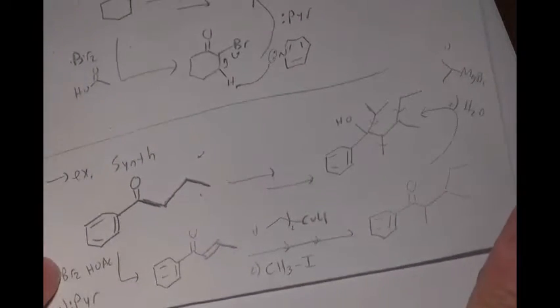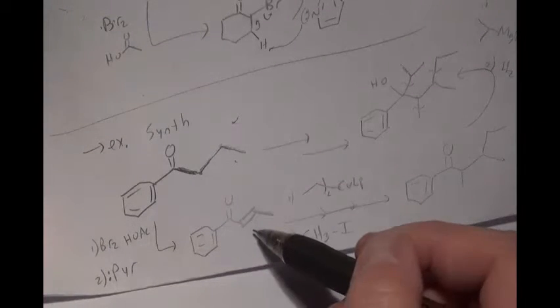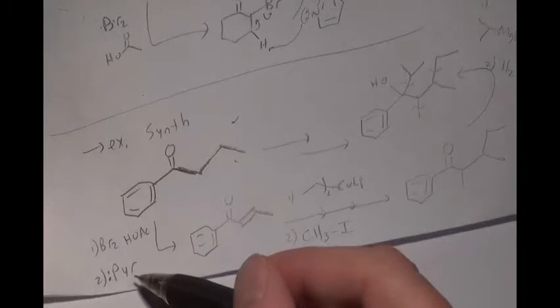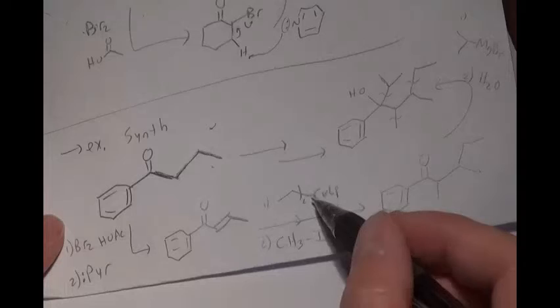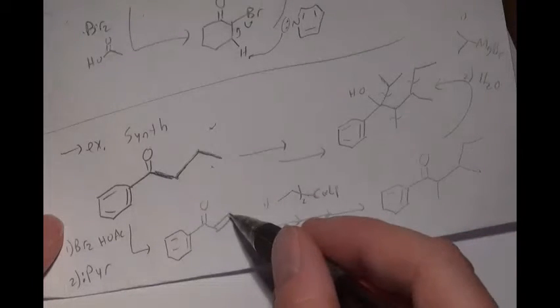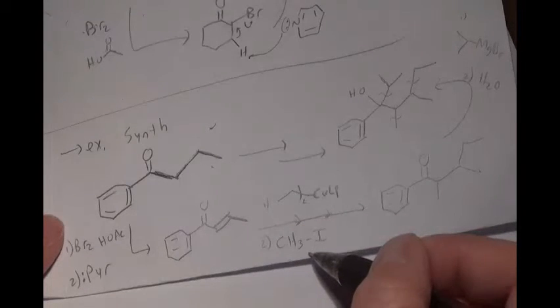So we just did 3 carbon-carbon bond forming reactions, kind of in sequence. The first thing we had to do is make the alpha beta unsaturated ketone: Br2, acetic acid, pyridine. Then we did the cuprate followed by methyl iodide. Cuprate attacked, makes an enolate, and then the enolate attacks methyl iodide.